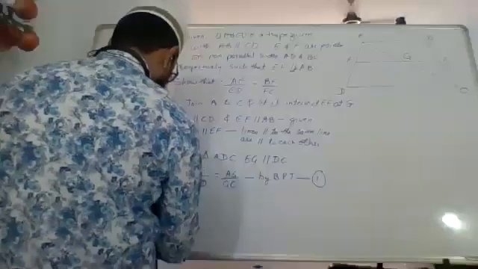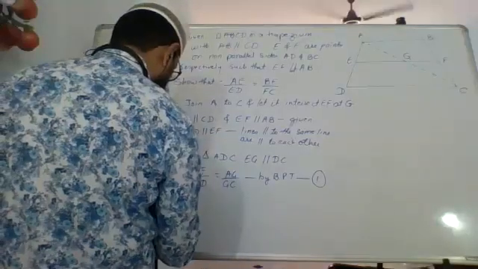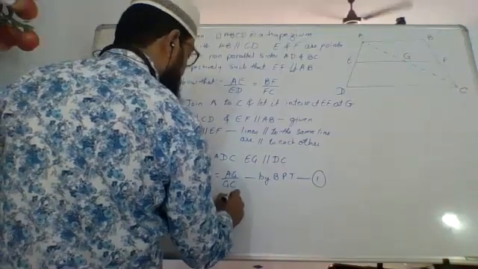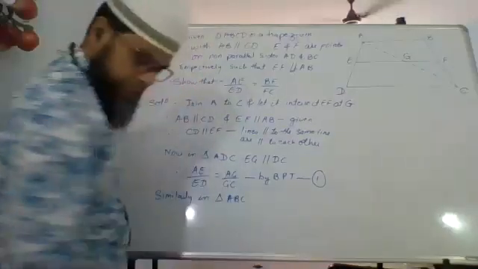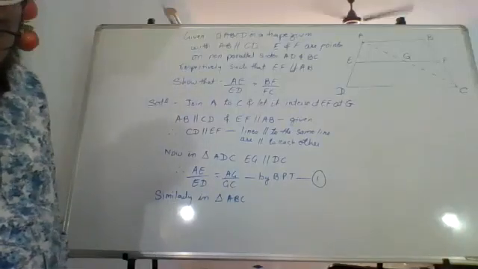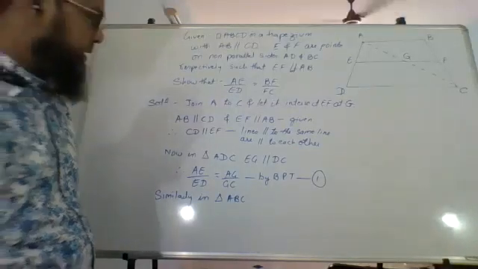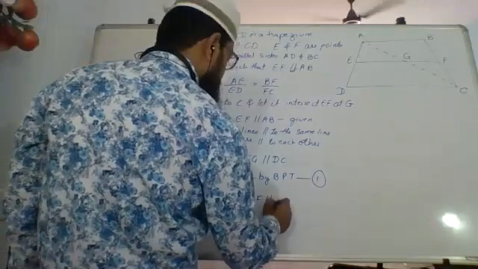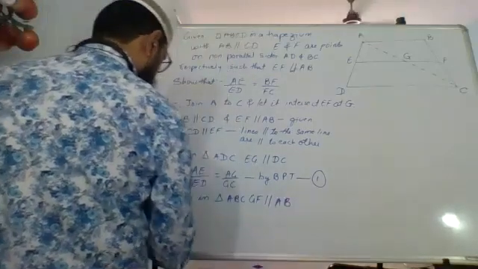Similarly, in triangle ABC, GF is parallel to AB.